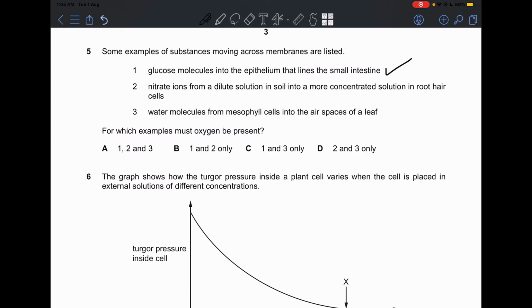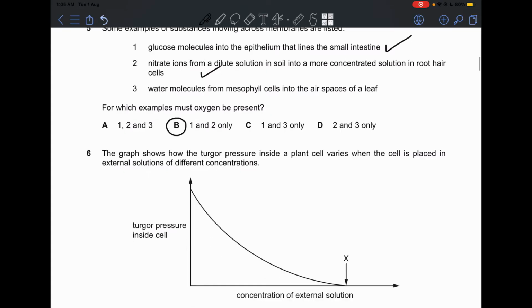Number 2 says nitrate ions from a dilute solution in a soil into a more concentrated solution in root hair cells. This is of course an active transport process as well, so we're going to be also ticking it off. Number 3 says water molecules from mesophyll cell into air spaces. This is not active transport, so our answer is going to be B because we only chose 1 and 2.